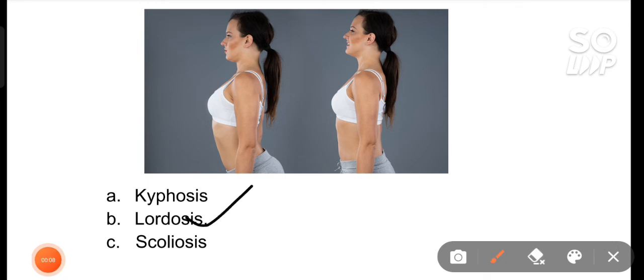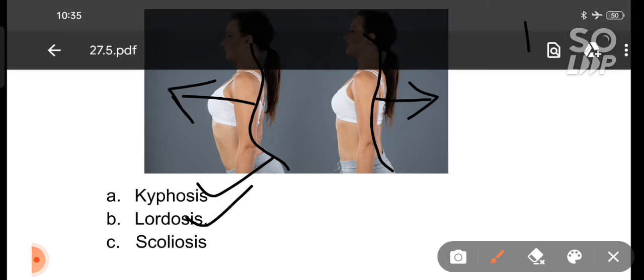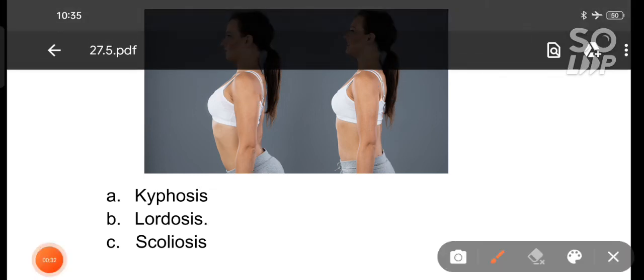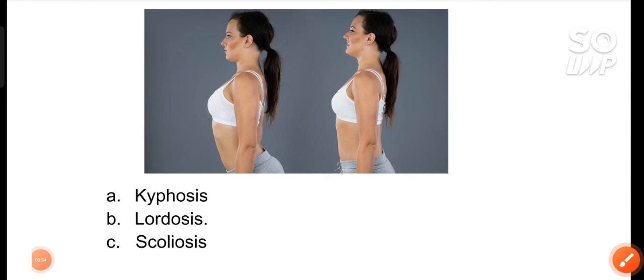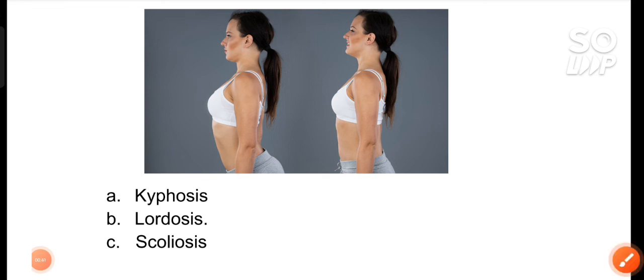Lordosis is the curvature of the vertebral column toward the anterior side. When the vertebral column is turned to the back side, it is called kyphosis. And when the vertebral column turns to the lateral side, it is called scoliosis.